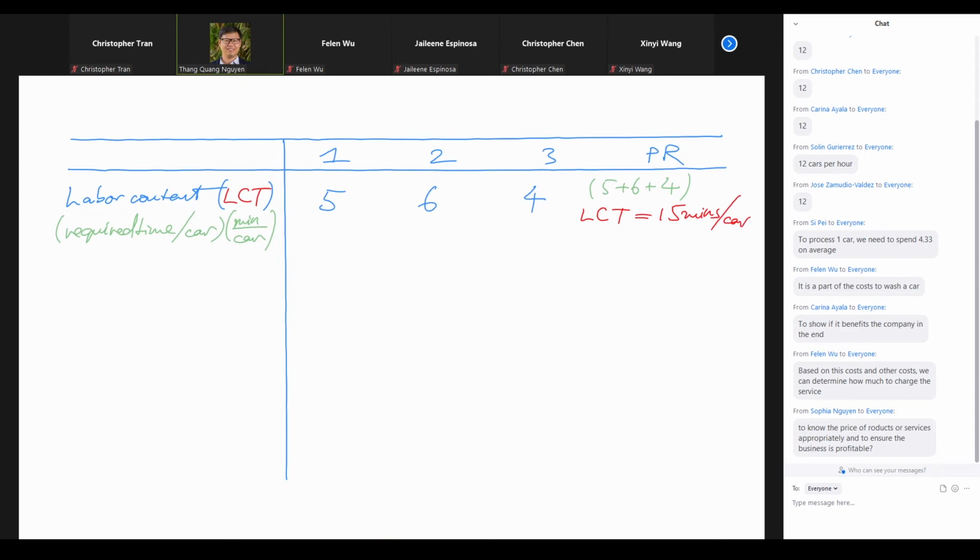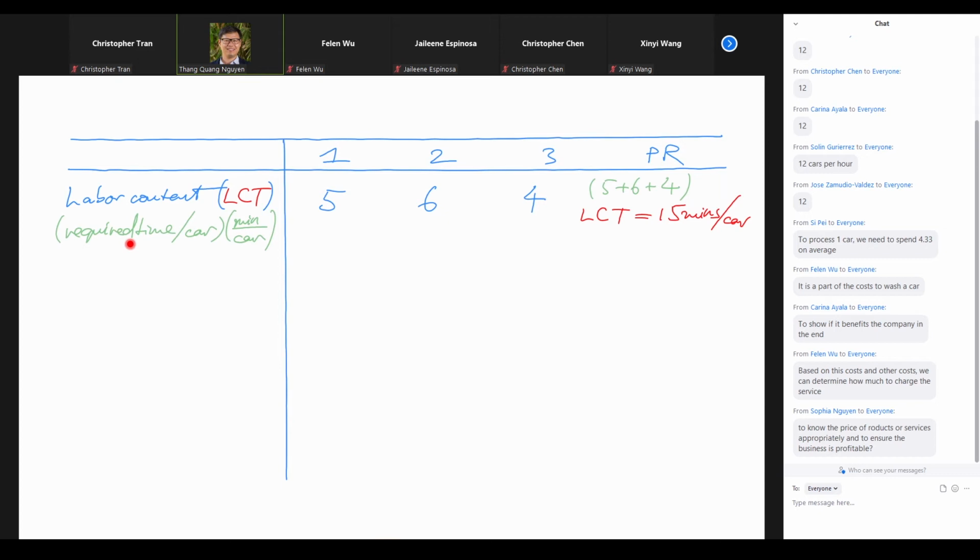Or as I said here, it is how much time is necessary to process one car through. And in this case, we calculate that as minutes of work, not just the clock minutes, okay? This is minutes of work per car.